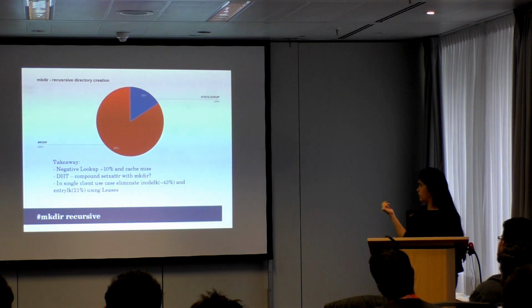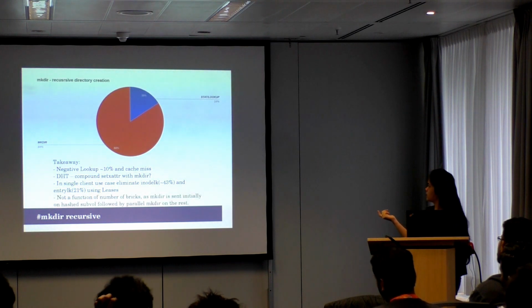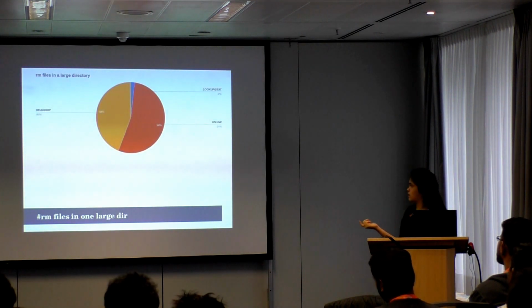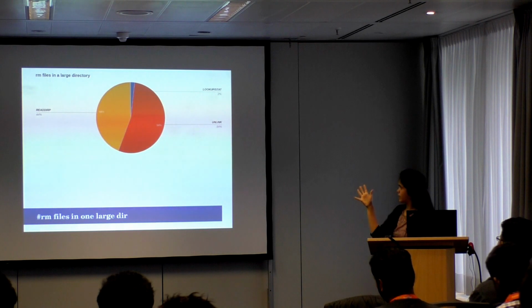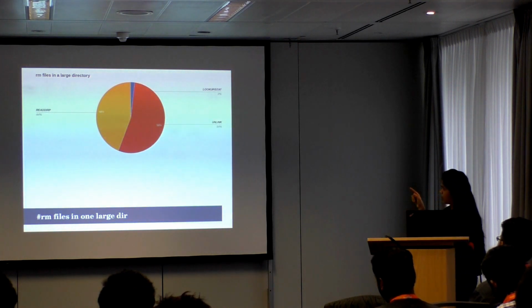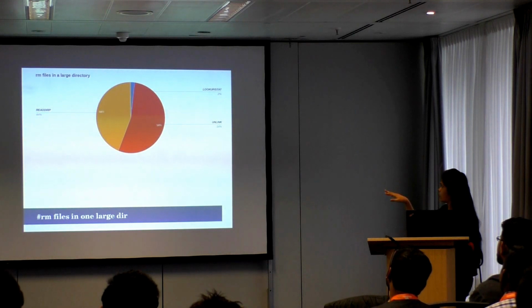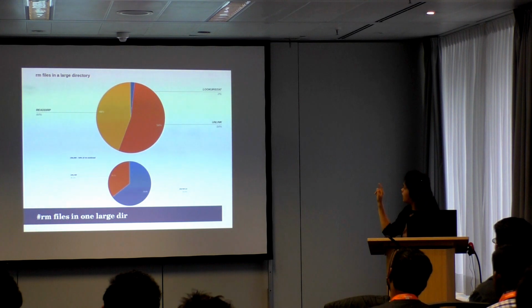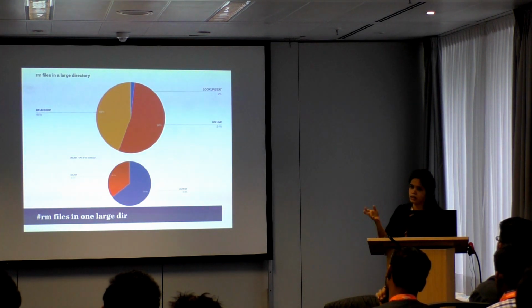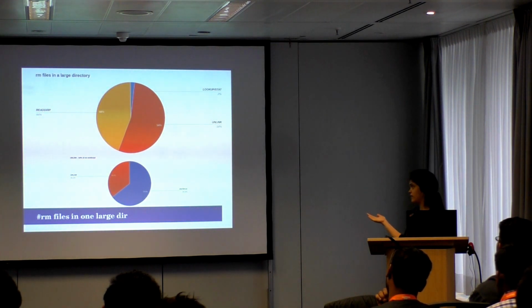So yeah. Then the next is removing files in one large directory. Here readdirp accounts for the larger time, followed by unlink, then the lookup and stat. Unlink again gets split into the actual unlink FOP and then the entry LK.